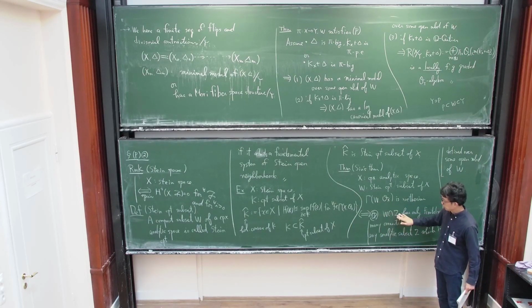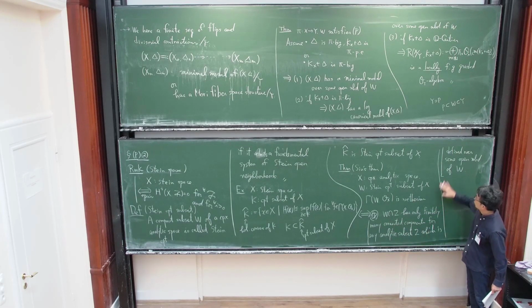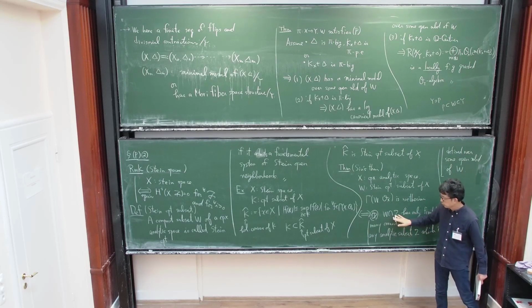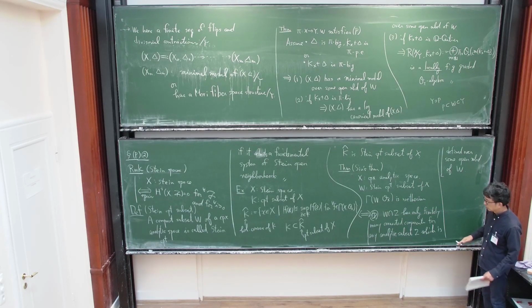W intersection Z, where Z is the analytic subset defined over some open neighborhood W, is Noetherian if and only if it has only finitely many connected components.